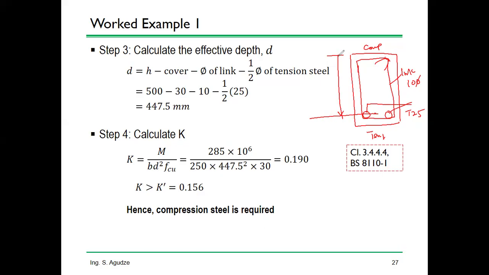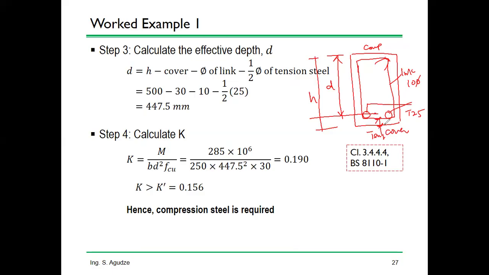So this one is essentially the d. And as you know already, the overall thing is the h, okay? So from the link to the exterior face here is the cover, is that right?